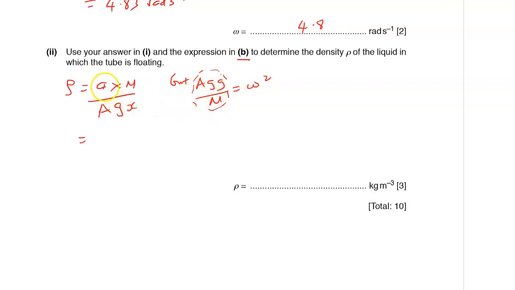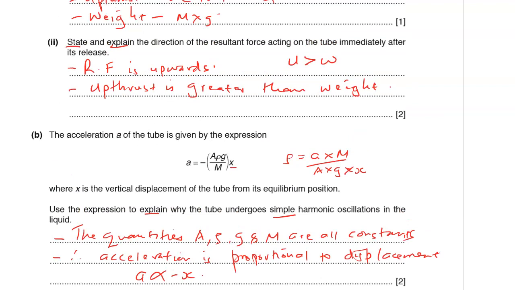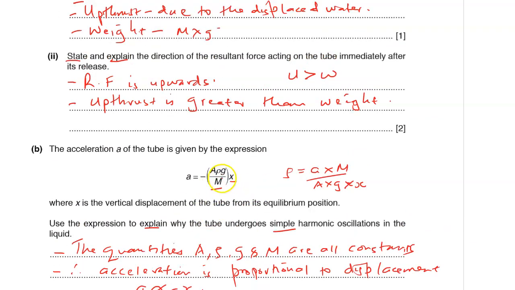So our rho will become, because we know that a is omega squared x, the omega squared here is A rho g over m, and we need density.